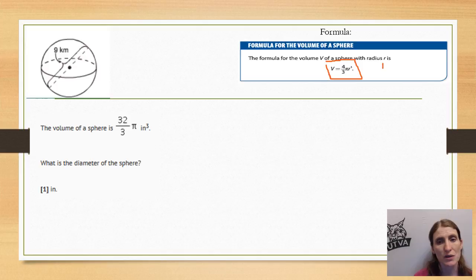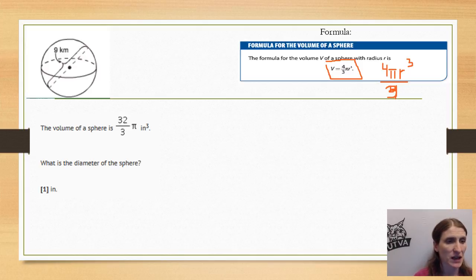So another way to look at this, since we've shown multiple ways on these, you can look at it as 4 times pi times radius cubed divided by 3. That's just the other way to look at it, as division rather than multiplication. Oh, and I wrote 4, but I meant to write 3. Okay. So just note that that little number, it's really small. It's actually a 3. It's a cubed.